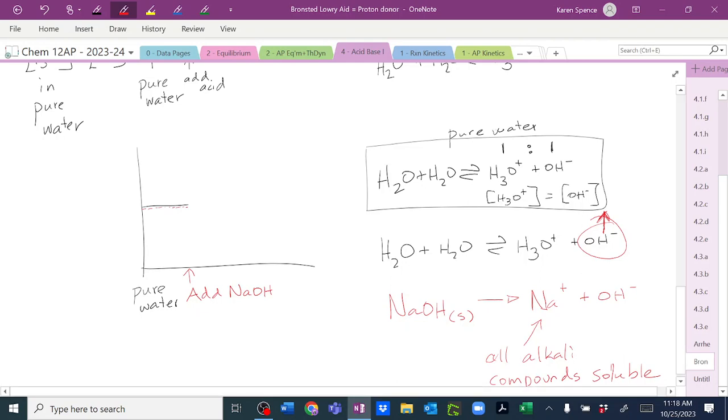It'll shift to the left. So concentration of hydroxide goes up, and then hydroxide will come down, but it will still be higher than its original level. It goes down by X.